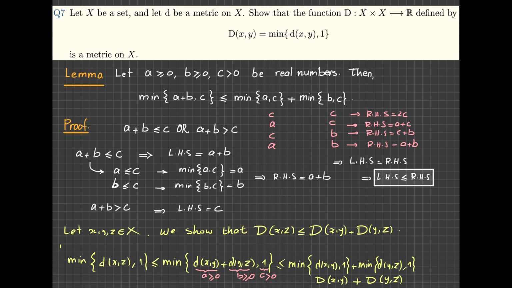So I would say that D of x and z is equal to this, and this one is less than or equal to this expression. So I was able to show that this expression is less than or equal to this expression. Okay, so this finalizes the proof that capital D is also indeed a metric if small d is already a metric on the set X.